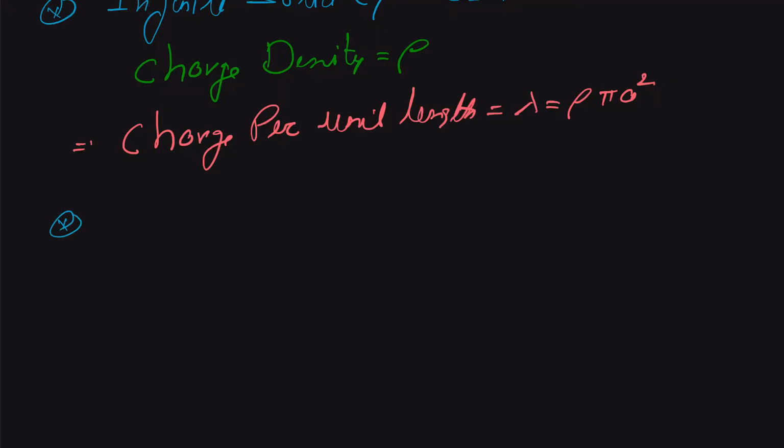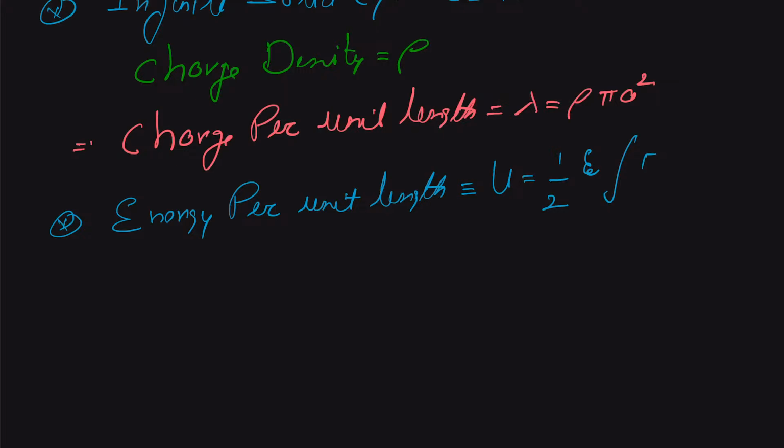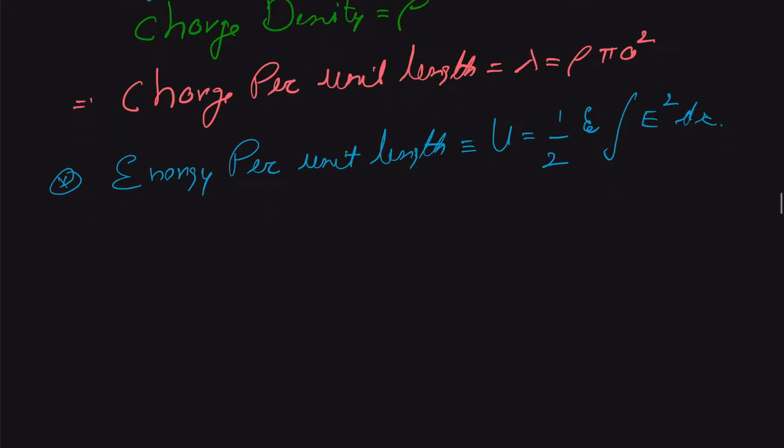So the energy per unit length, capital U, will be equal to 1 upon epsilon naught integration E square dr. Because the cylinder is given to be infinite, it is much better to calculate the energy per unit length. And first of all, let's find out what the electric field will be.